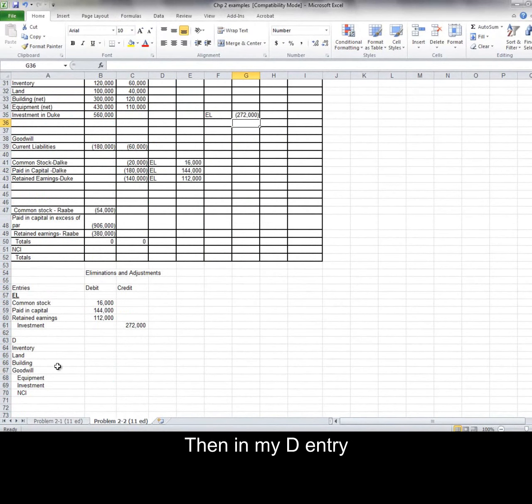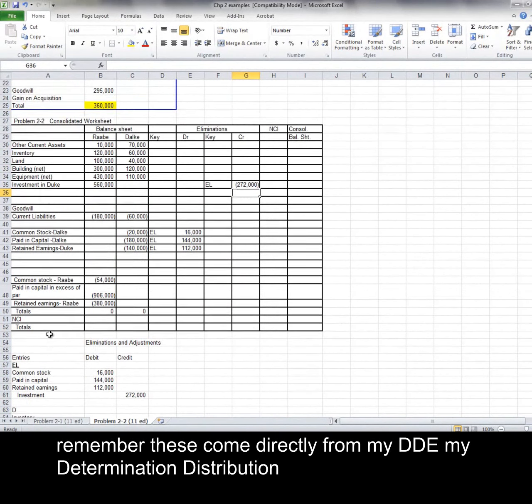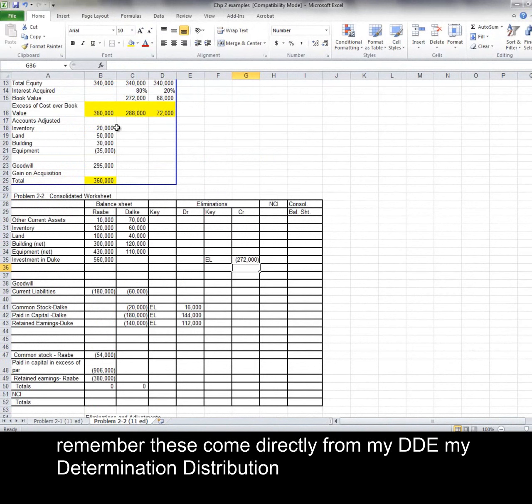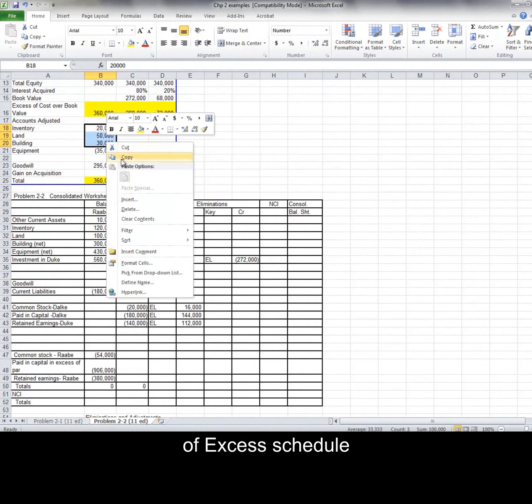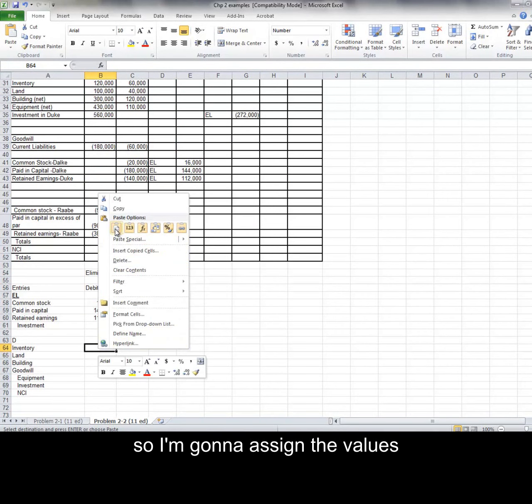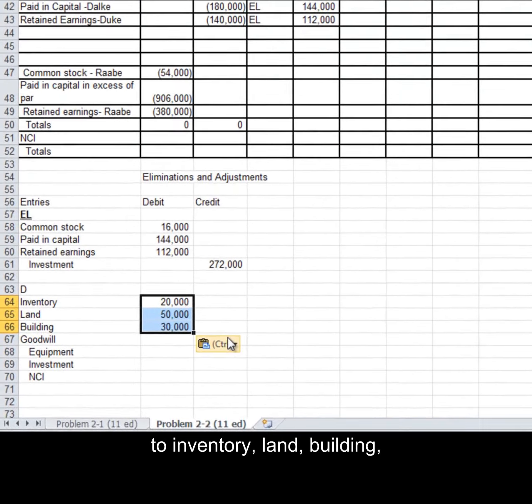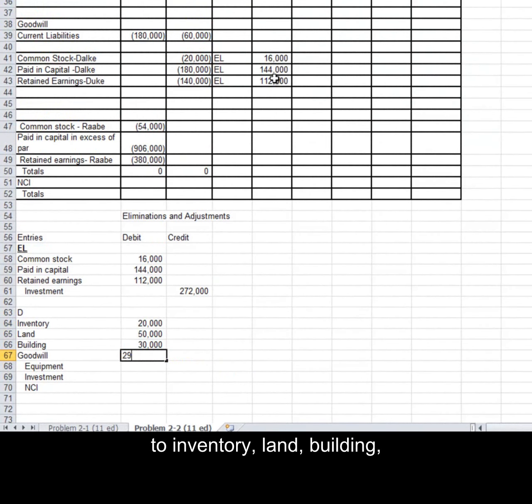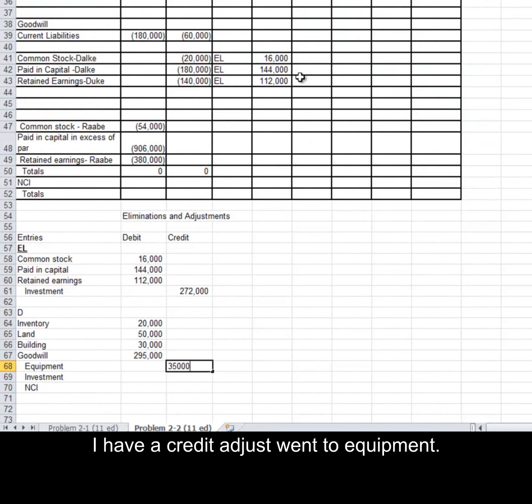Then in my D entry, remember these come directly from my DDE, my determination and distribution of excess schedule. So I'm going to assign the values to inventory, land, building, goodwill. I have a credit adjustment to equipment.